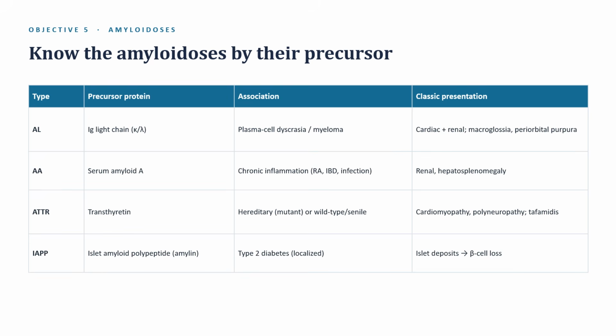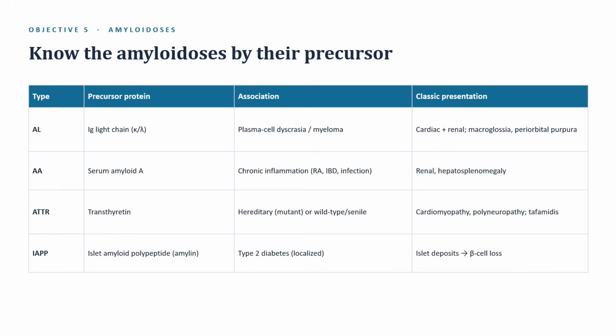Classically, it hits the heart and kidneys and can cause macroglossia and periorbital purpura. AA amyloid is made of serum amyloid A, an acute phase reactant, so it follows chronic inflammation, rheumatoid arthritis, inflammatory bowel disease, chronic infection, and tends to affect the kidneys.